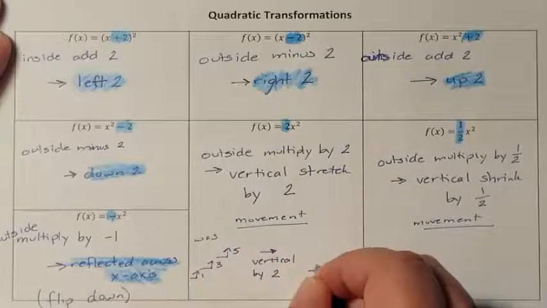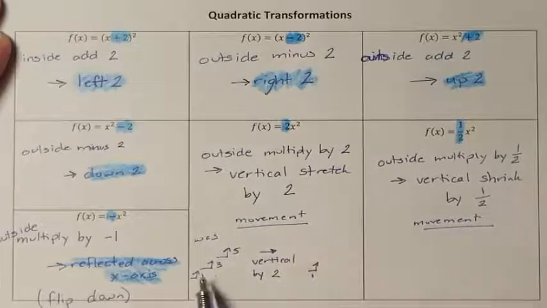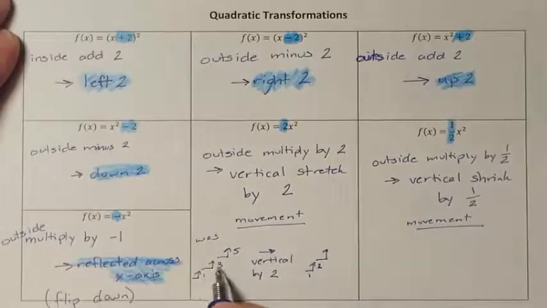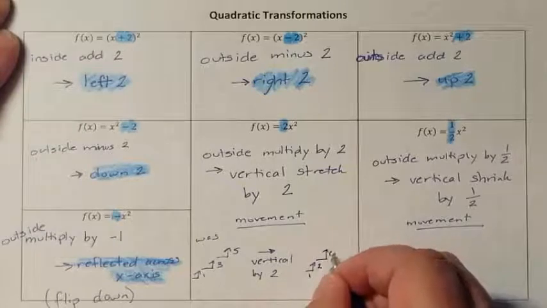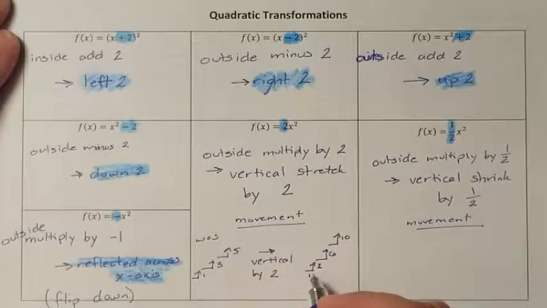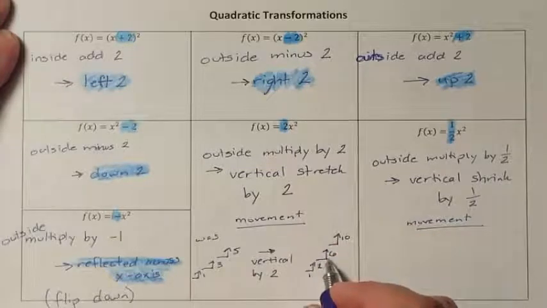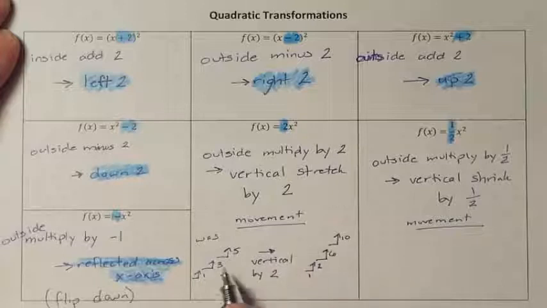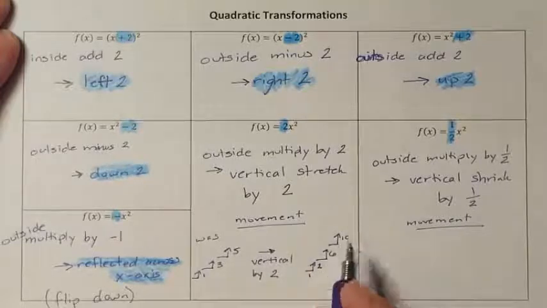So I'm still over 1 every single time, but my ups are going to get multiplied by 2. So this 1 times 2 meant I'm now going up 2. This 3 times 2 means I'm now going up 6. This 5 times 2 means I am now going up 10. So I'm over 1 up 2, over 1 up 6, over 1 up 10. Everybody vertically stretched up by a multiple of 2.